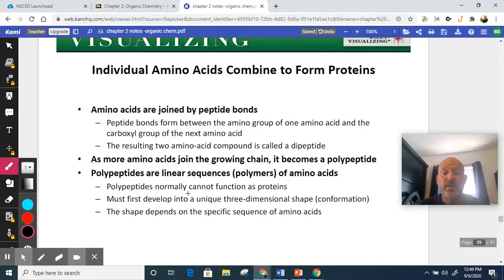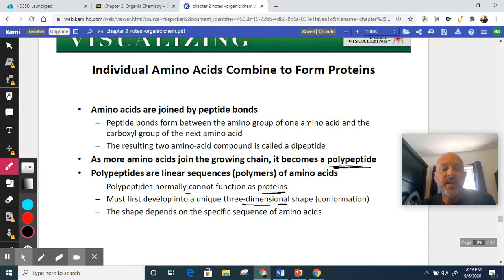All right. So as we combine amino acids together, we form what are called polypeptides. Poly means many amino acids. And these polypeptides, as they develop, will take on unique shapes and become more and more complex and eventually develop into what are called proteins as they become more three-dimensional.